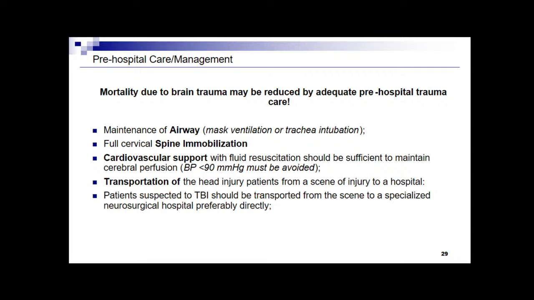If you have a specialized traumatological or neurosurgical hospital near the place of accident, you should preferably transport your patient to this specialized hospital to reduce the time to specialized medical treatment.